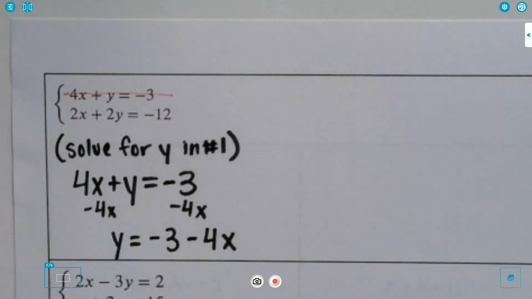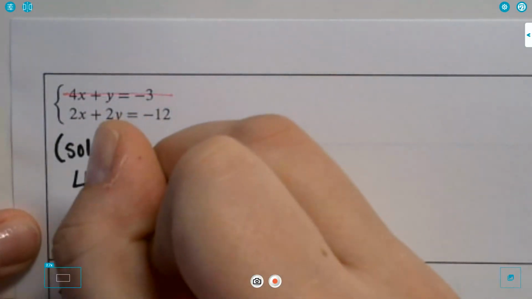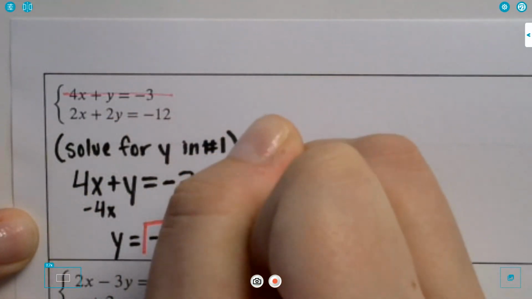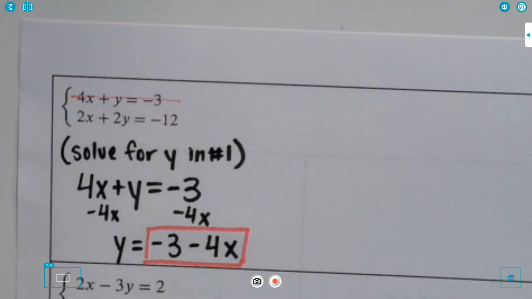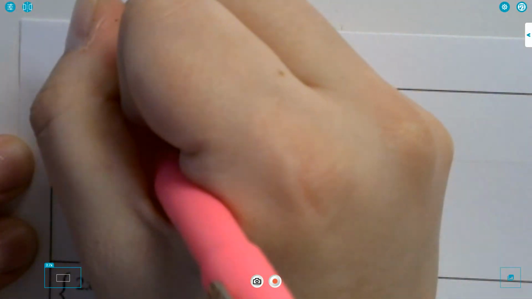Now we know that y equals negative 3 minus 4x. We can plug it into our other equation. If we're going to plug it into our other equation, where do we plug it in? For y, because it is y equals. So we're going to plug it in for this y right here.